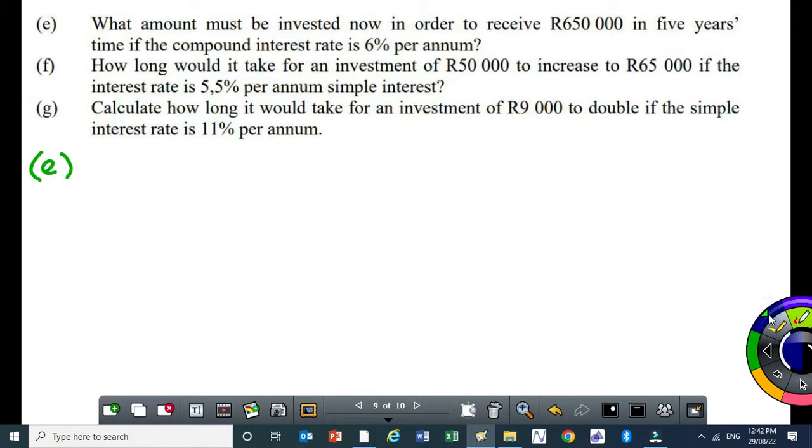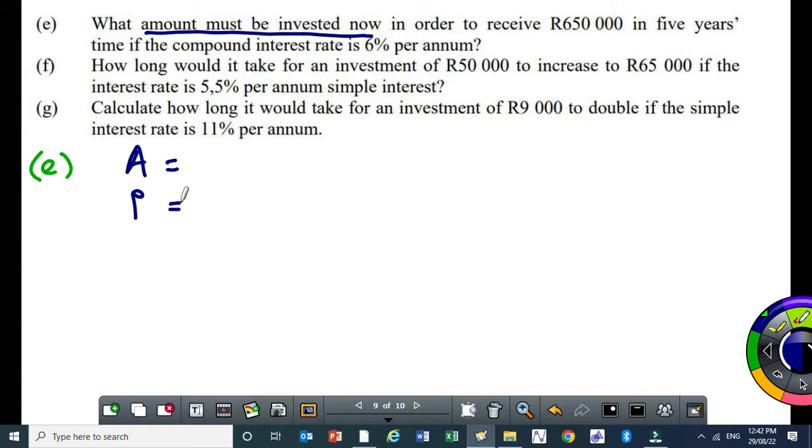Now according to E, it says what amount must be invested now in order to receive 650,000 in 5 years' time, if the compound interest rate is 6% per annum. So the question will be, what is A and what is P based on the information?